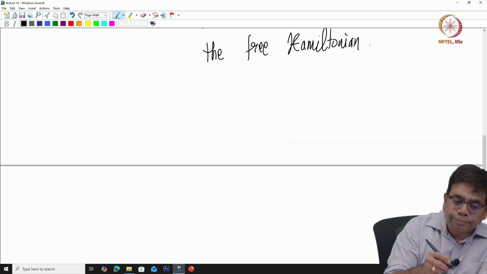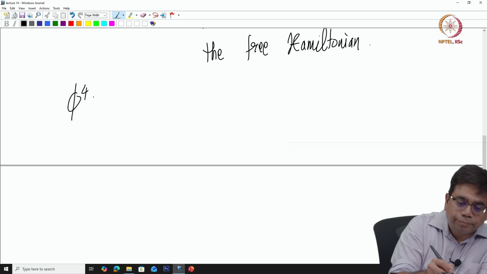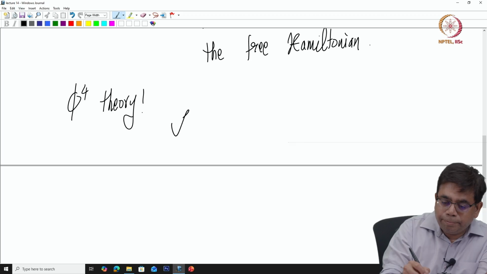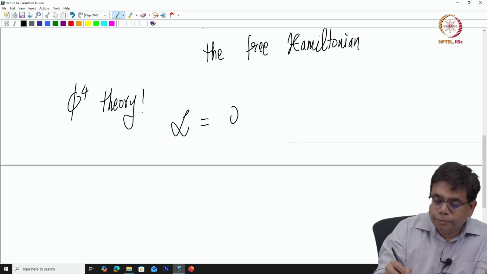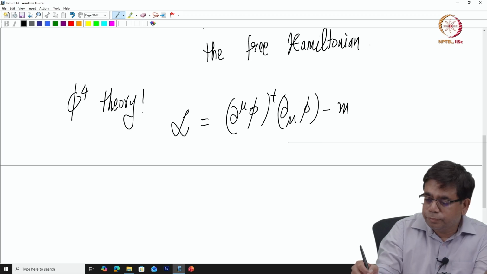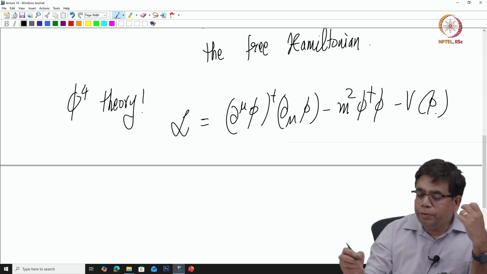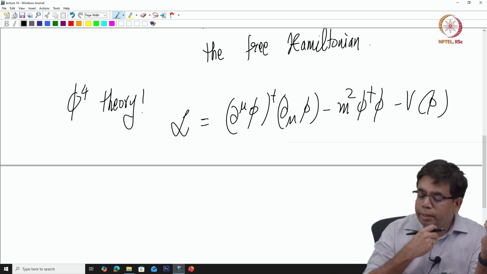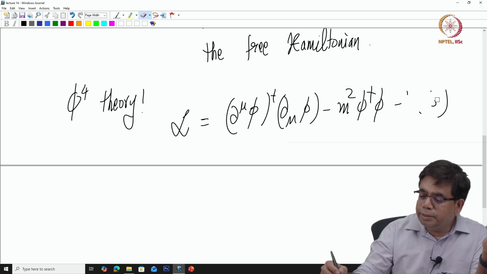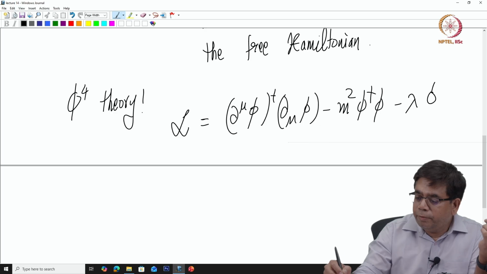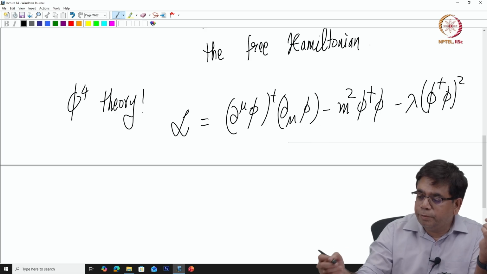So Phi 4 theory. We will write the Lagrangian, with V of phi being the interaction Lagrangian, which is nothing but lambda (phi dagger phi) whole squared.